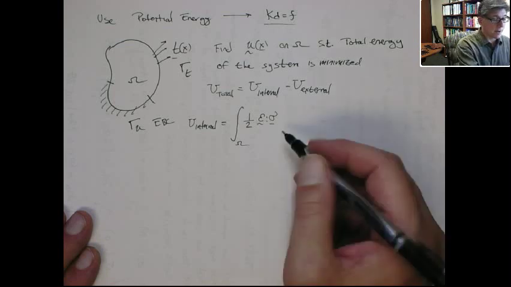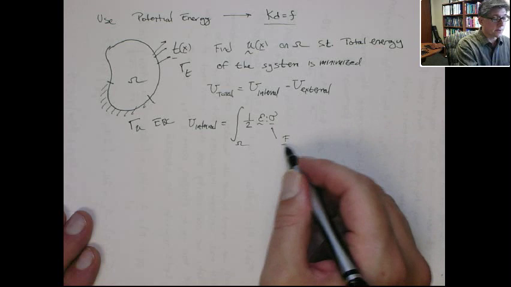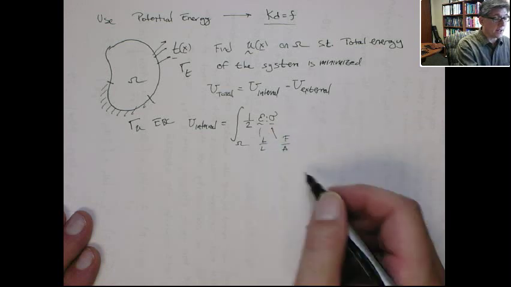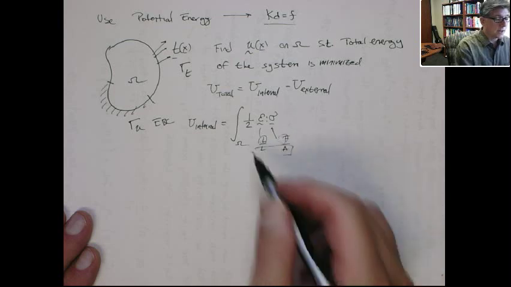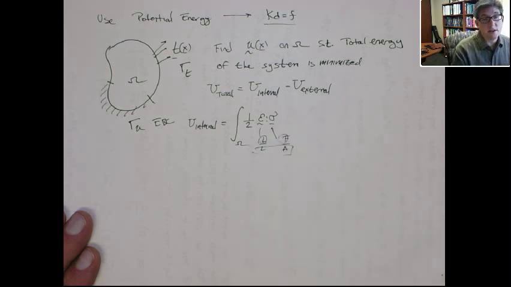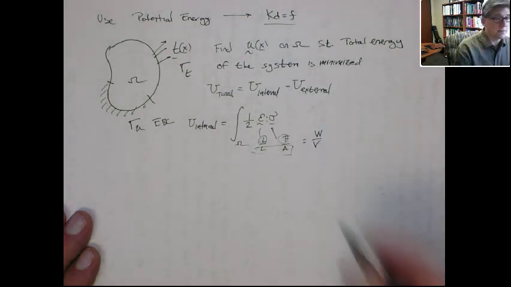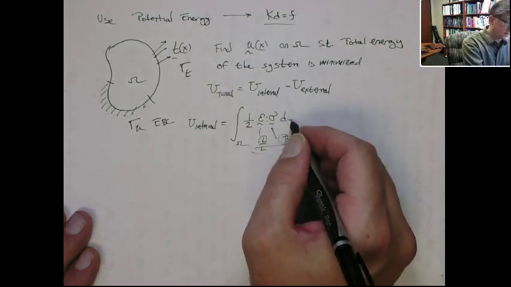The stress is a force per area. The strain is a change in length over a length. So here we have a force times a distance, that's a work, and a length times an area, that's a volume. So this basically gives us the work or the energy per volume. Okay, it's the strain energy per volume. All right, and we're going to look at that over the whole domain.